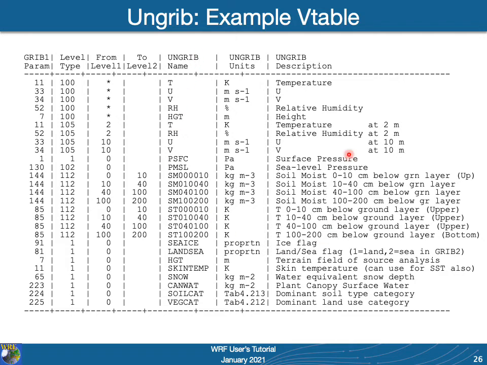And the 3 columns on the right correspond to the human readable names that we would like to identify these fields with when they're written by the Ungrib program into intermediate files. So we know now that after Ungrib finishes running, in our intermediate file, we'll have a field called U, which is, well, it happens to be the zonal component of the horizontal wind given in meters per second.